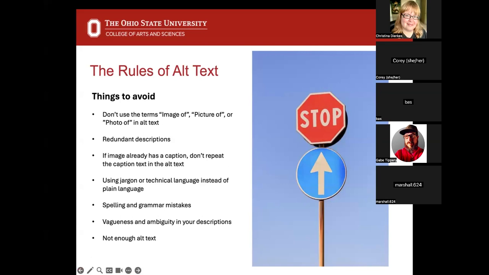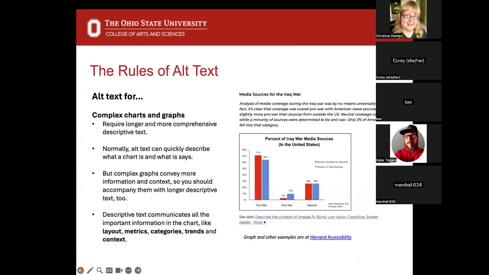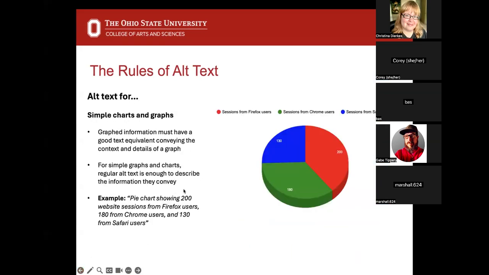If we want to go back a little bit, for the example here, I just have alt text that says pie chart showing 200 website sessions from Firefox users and so on and so forth. So I'm indicating that this is a pie chart here. I'm not just conveying what the data is saying, I'm also conveying that there's a data set present here that's being visually represented.